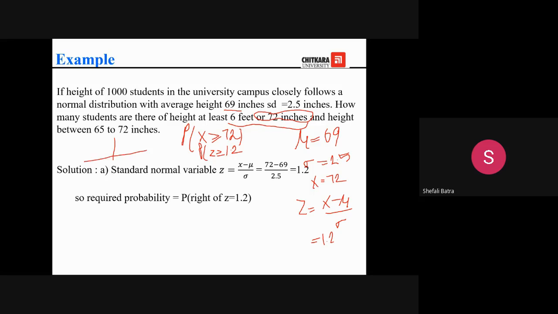So if I'm drawing this standard curve, and this is the point 1.2, and you need at least 6 feet, na, तो means 1.2 से greater. So ये सारा area you need to find out. So now please try to find out this area. It will give you the probability. Similar case na, you know this complete right hand side is 0.5 and you will be subtracting this area from 0.5. Solve it and let me know what you are getting.